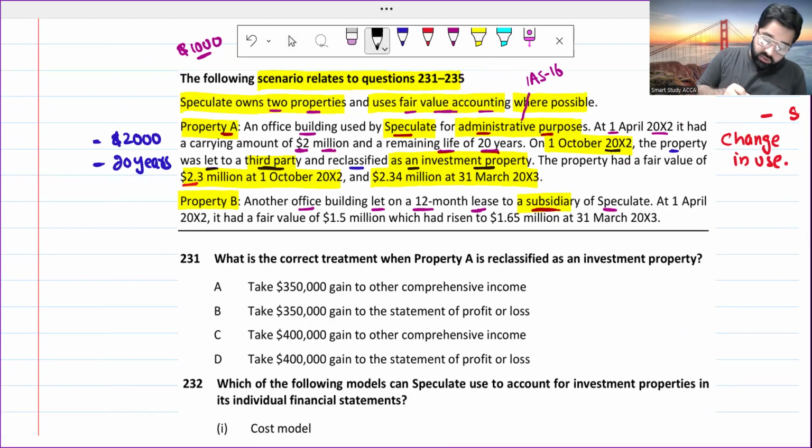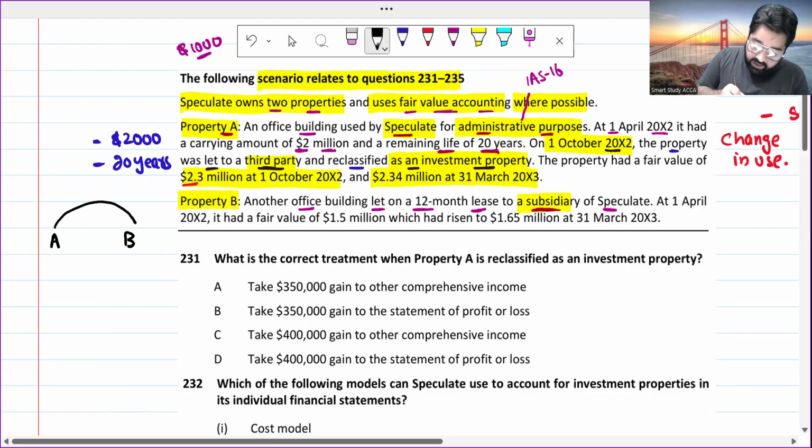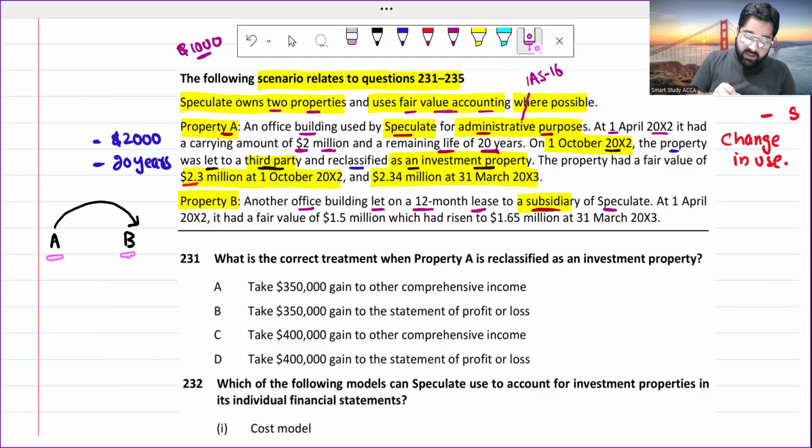Let's say, for example, there are two companies. One is known as A company, the other one is B company. Now, A company acquired B company in such a way that A company gained control over B company. Right?